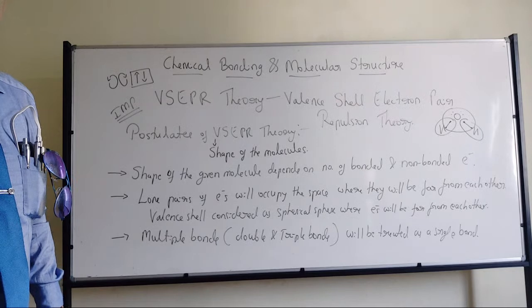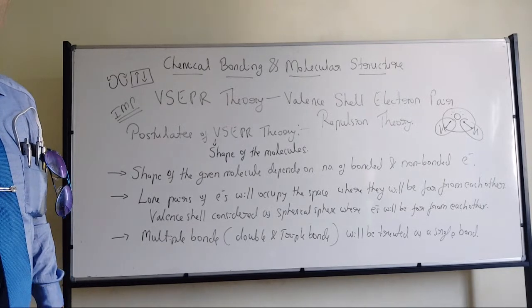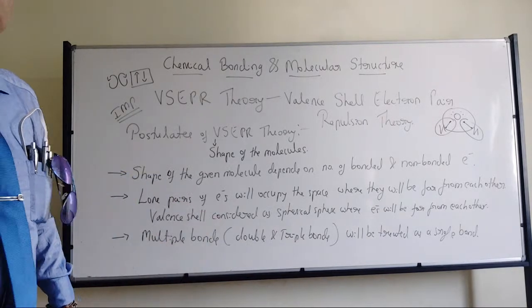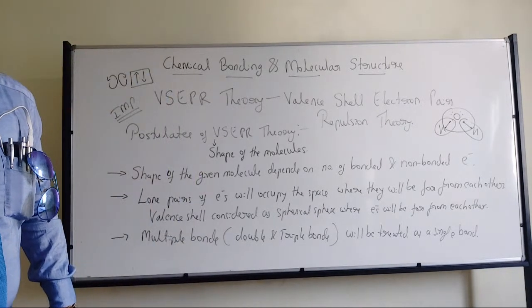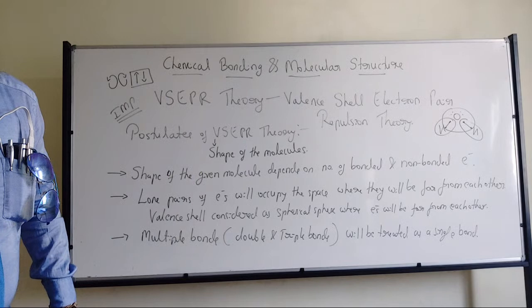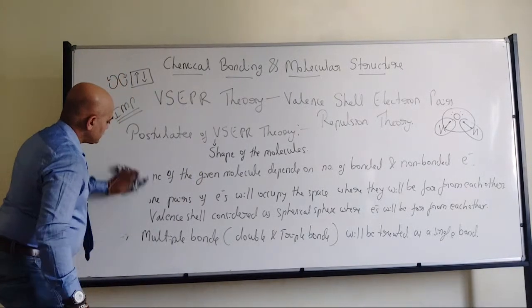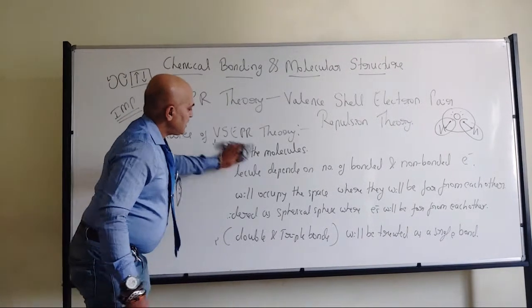They are not going to consider the number of electrons. Okay? So that's what the last statement talks about. Any doubts? So these postulates, now the last one is there.